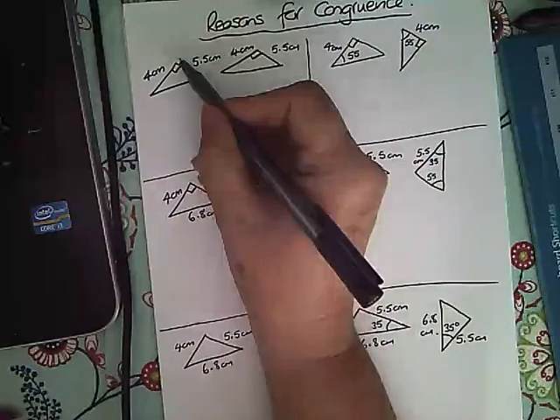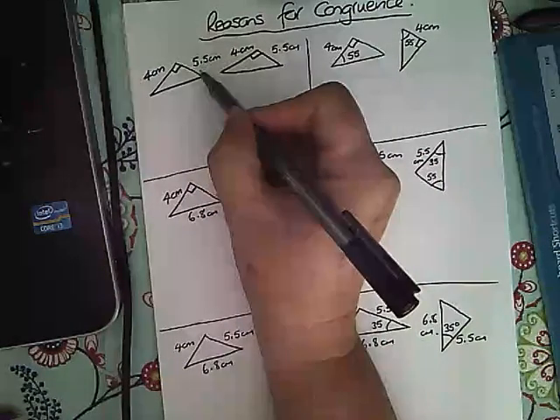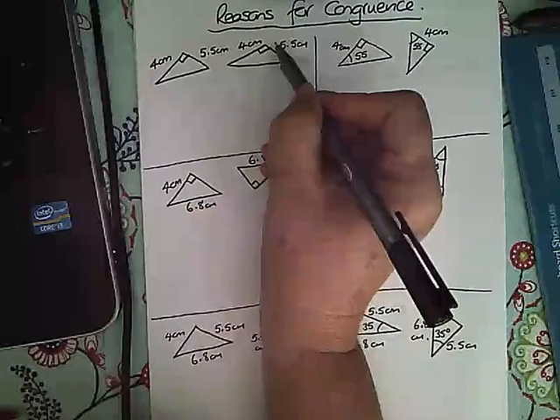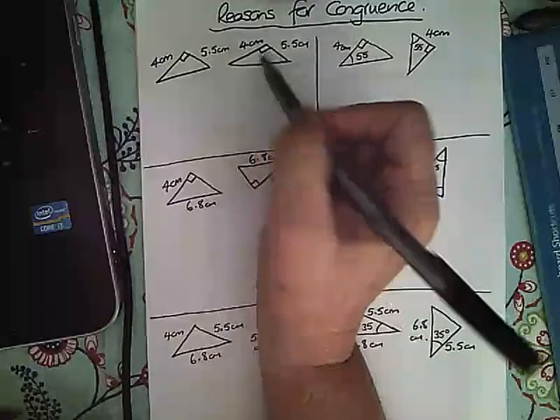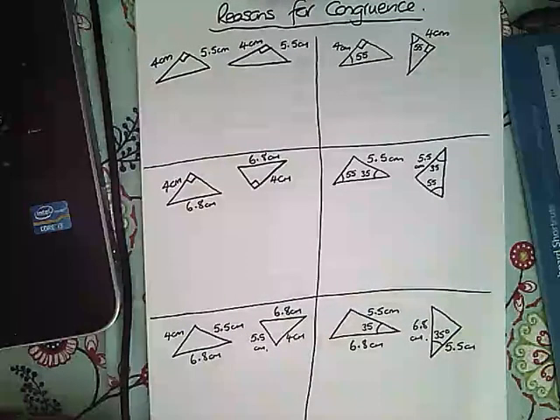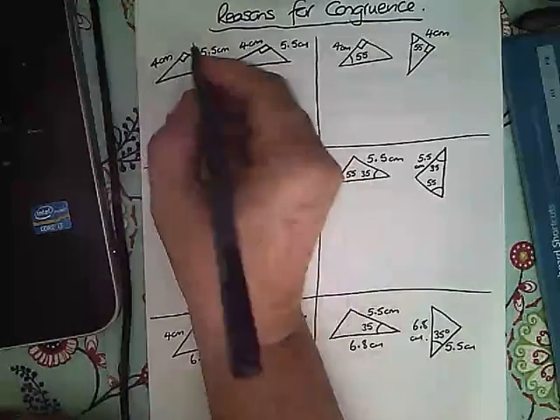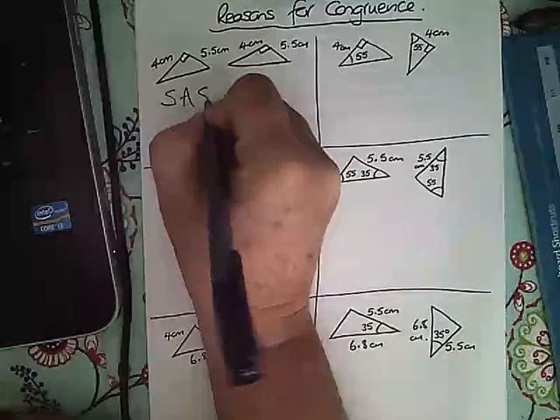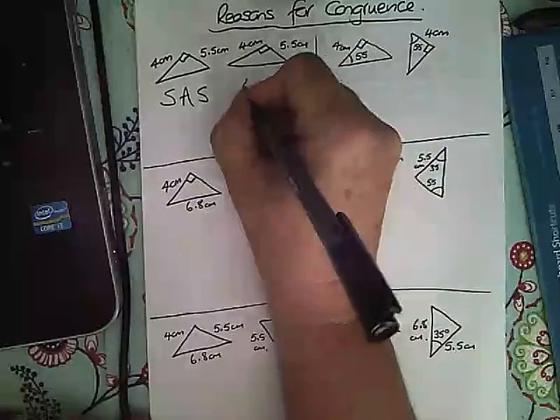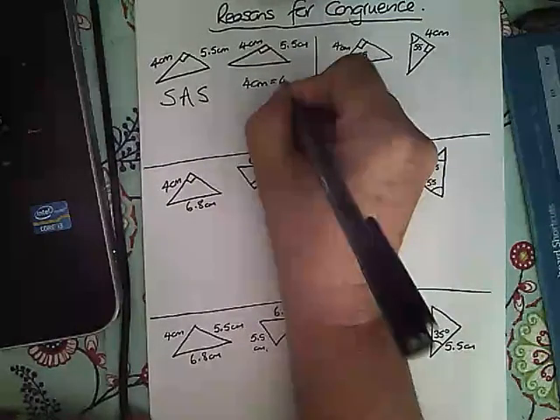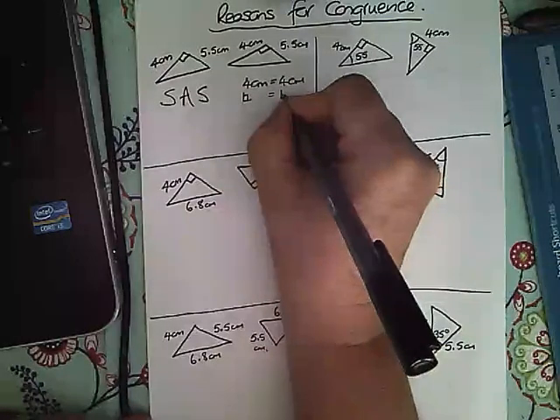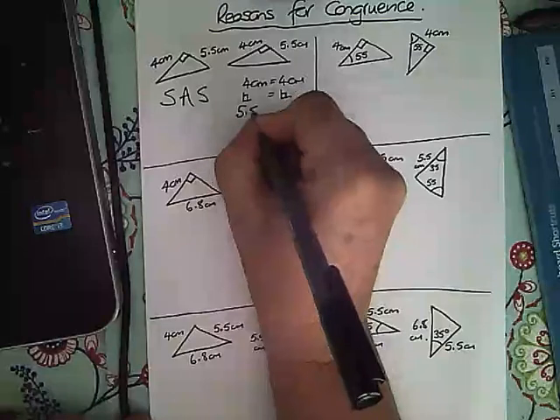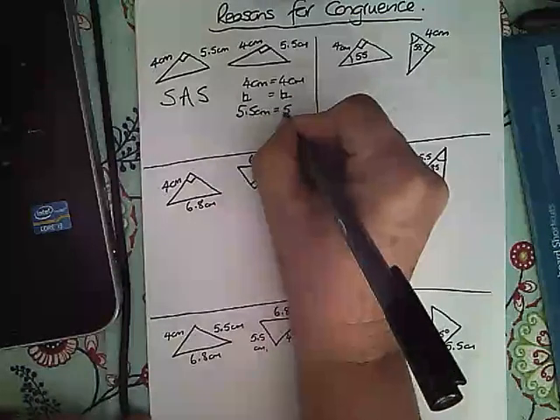I've got a side that is 5.5 and another side which is 5.5, and in between them there is a right angle. It is tempting, if you've got a right angle, to use right angle hypotenuse side, but in this case I would be using side angle side, because the 4 centimeter side equals the 4 centimeter side. The right angle is in between that, and the 5.5 centimeter side is equal to the 5.5 centimeter side.